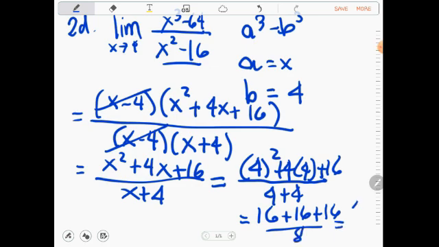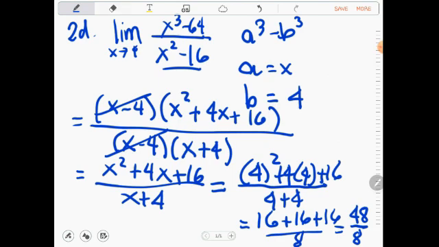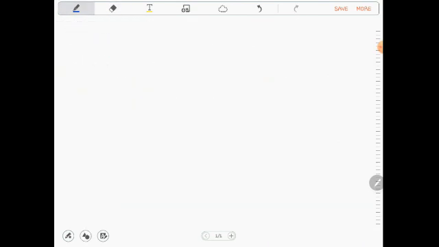Or simply that is 48 over 8, or that is equals to 6. Okay? So now, if you try the value of x is any number approaches to 8, say for instance, 7.99, 7.98, or 7.95, yung lalabas pa rin na value ay malapit doon sa 6.